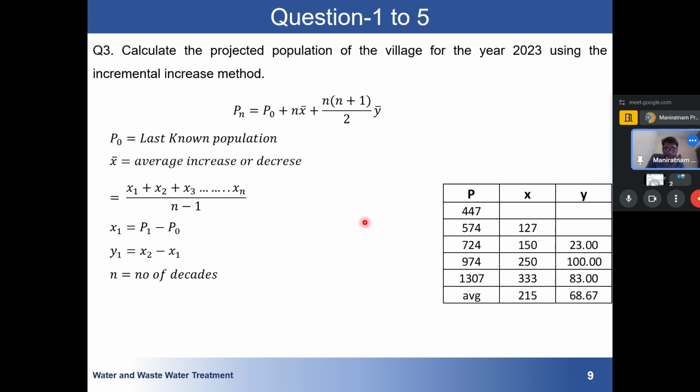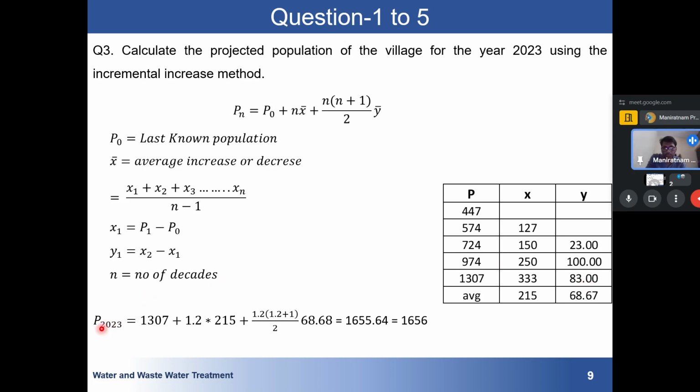Now you can calculate this average. X average will be given by the average of this, that is 211, and y average will be given by the average of these things.